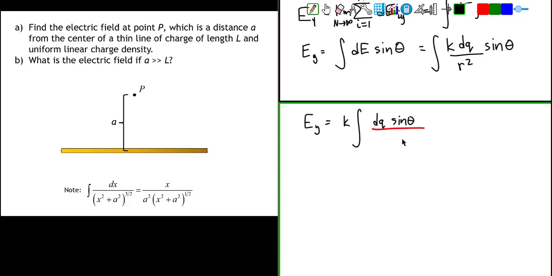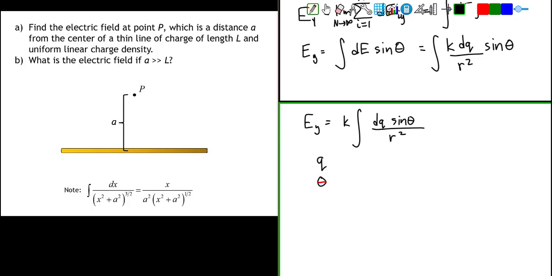What we have left over is the charge q, and really it's charge dq. And dq could vary. That amount of charge goes from the left end of the line of charge to the right end. So q is a variable.